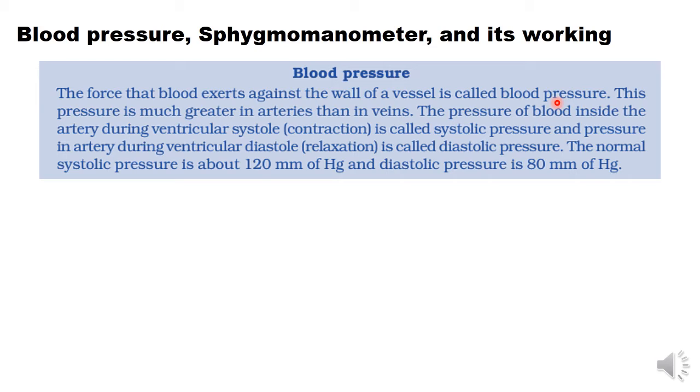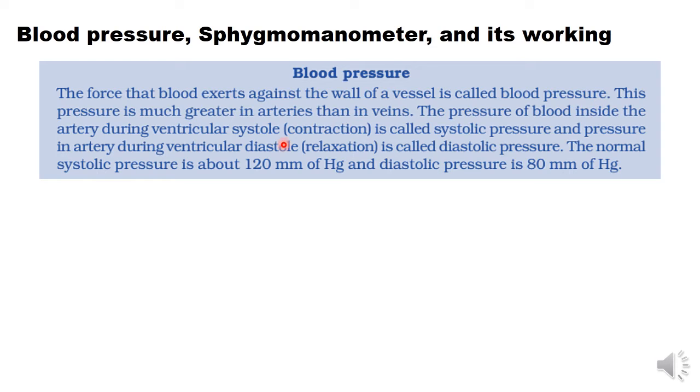And once the blood is leaving the heart, then you can imagine that due to contraction of the ventricle, there has to be a huge amount of pressure, because this pressure will be utilized to send the blood throughout the body. Now, arteries are those vessels which actually carry the blood away from the heart.